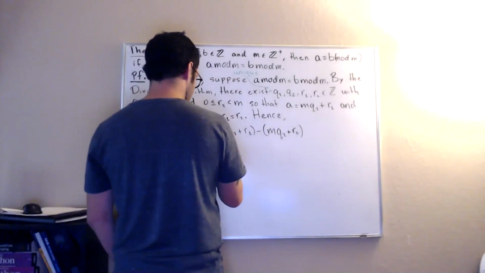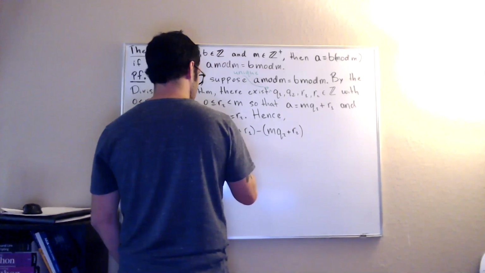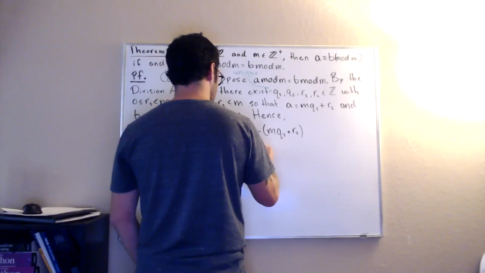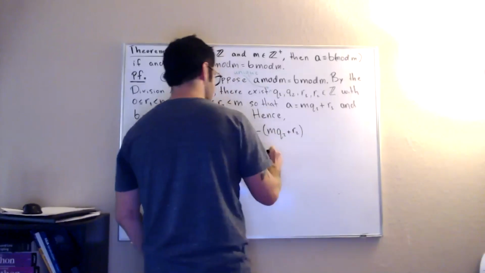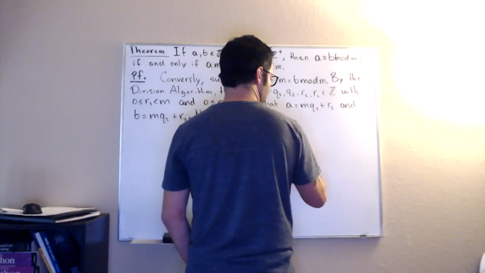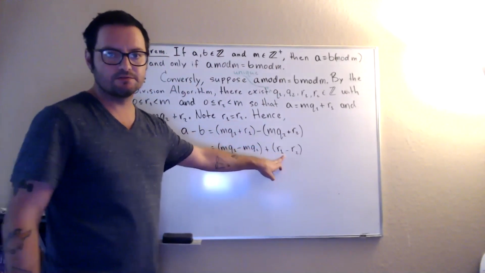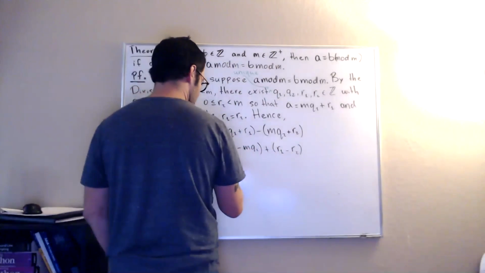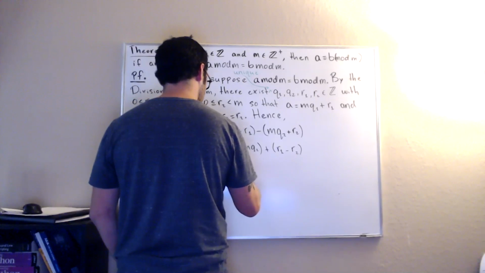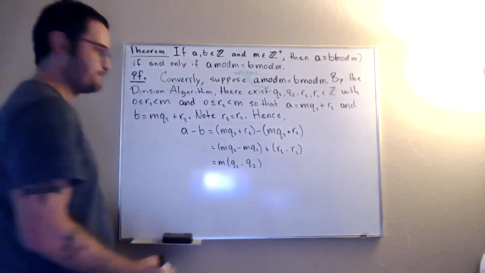So then notice that this is the same thing as saying, so just grouping these together, m times q1 minus m times q2, and then plus r1 minus r2. Now, r1 is equal to r2, so that's just 0. And we're left with this piece here, which we can then factor out of m, like that.